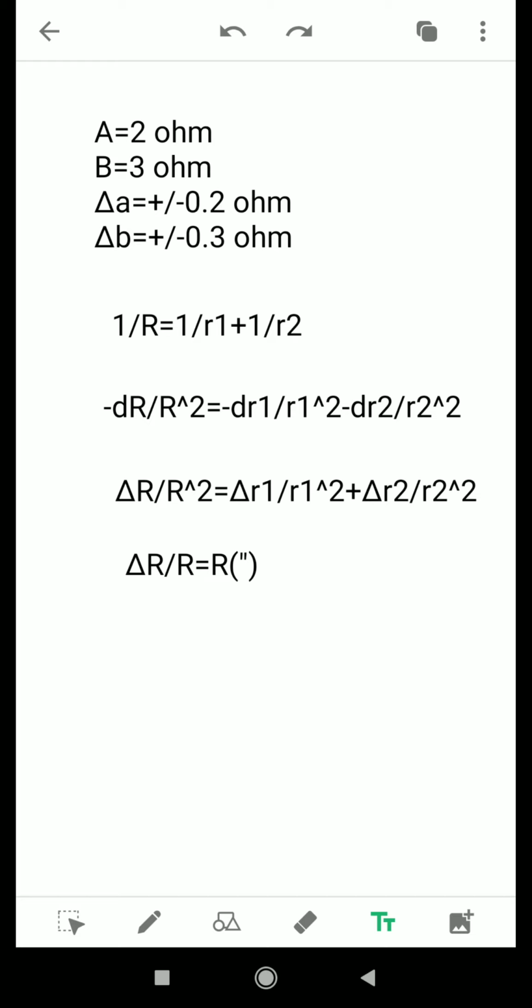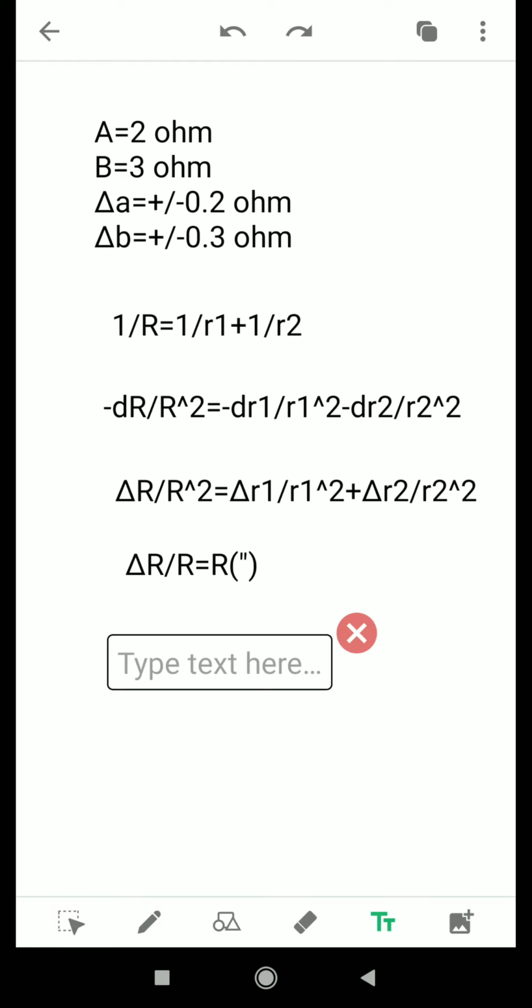So you know the value of R, because R is the equivalent resistance of the parallel combination between A and B. So what is its value? We know R equals R1 R2 divided by R1 plus R2, so 2 into 3 divided by 2 plus 3. The value is 6 by 5.